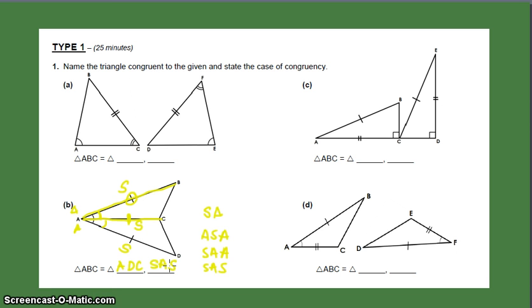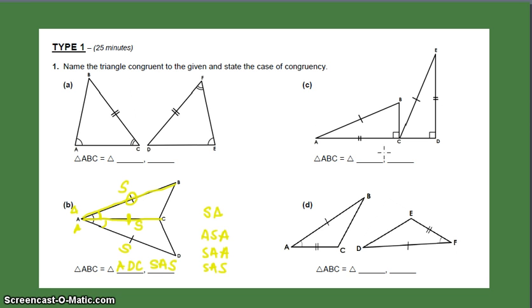When you identify if two triangles are congruent, you just have to check, can you satisfy SSS, ASA, SAS, SAA, or the HL theorem? Okay, so let's move to the next one.